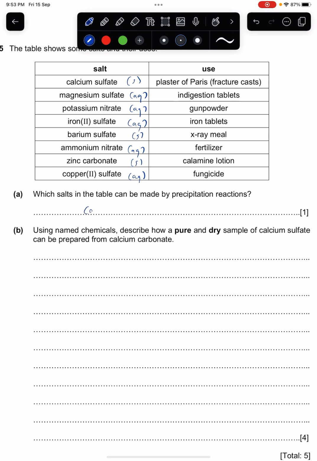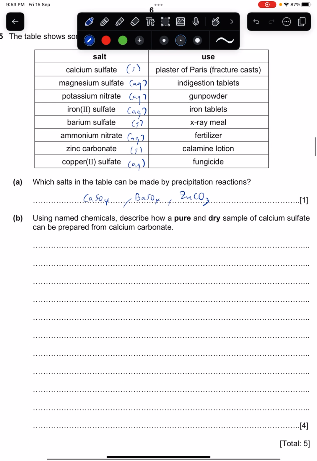So it's just calcium sulfate, barium sulfate, zinc carbonate. Cool. I can guarantee you again, salt prep will be tested in O-level. You should be expecting a range of like 3 to 5 marks, thereabout. Guaranteed.